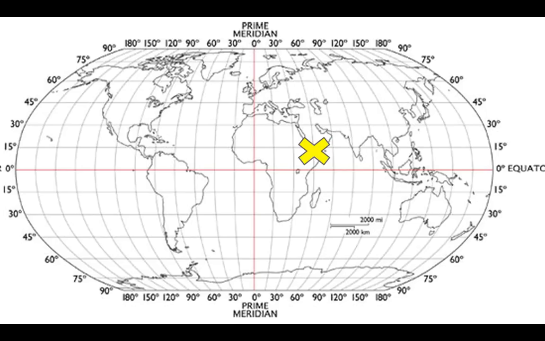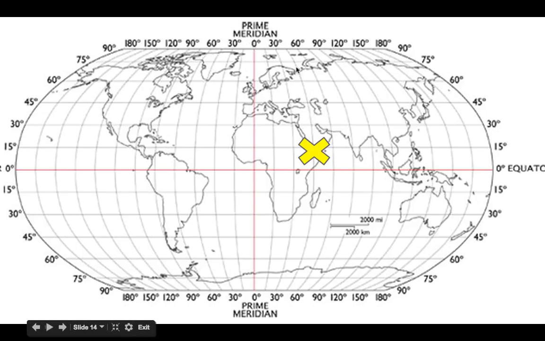Let's try another one. Here's my location. Let's work backwards to find the coordinate pair. I'll start by tracing my line of latitude. When I start here and go all the way to the side, I see that I'm at 15 degrees north.